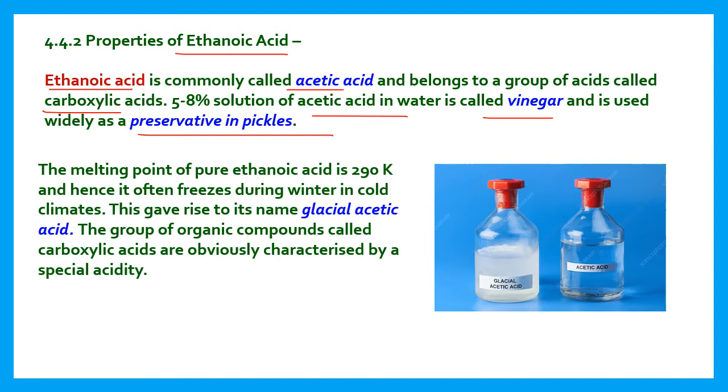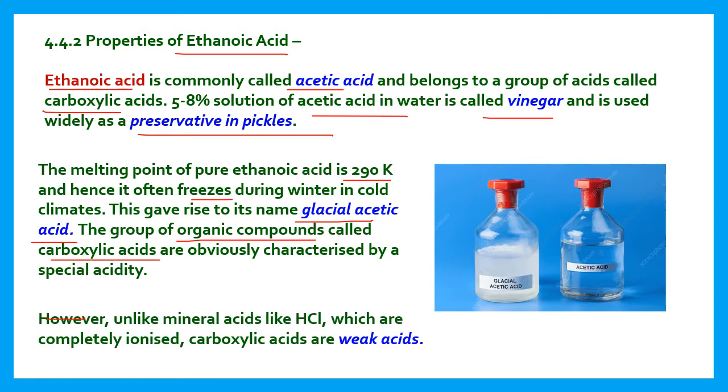The melting point of pure ethanoic acid is 290 K, and hence it often freezes during winter in cold climates, and that is why it is also called glacial acetic acid. The group of organic compounds called carboxylic acids are characterized by a special acidity.